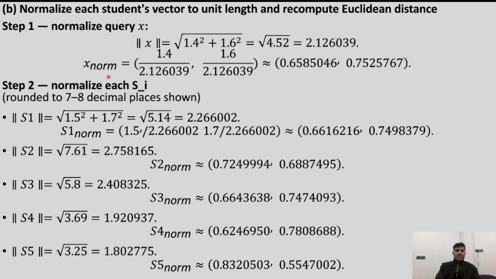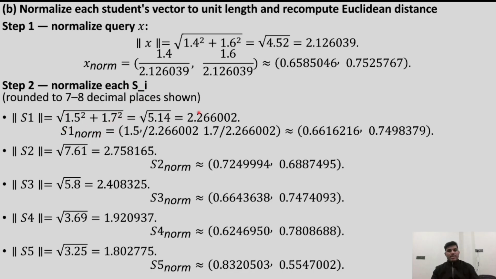Now for normalizing x we divide 1.4 by 2.126039 and 1.6 by 2.126039. So we get 0.6585046 and 0.75255767. Now step 2, normalize each Si.